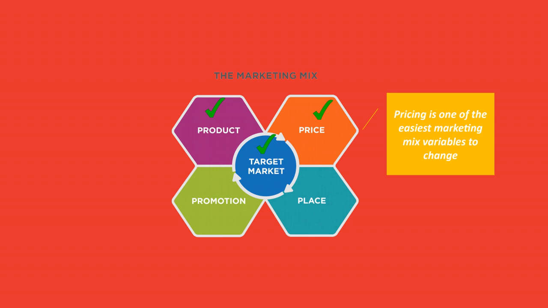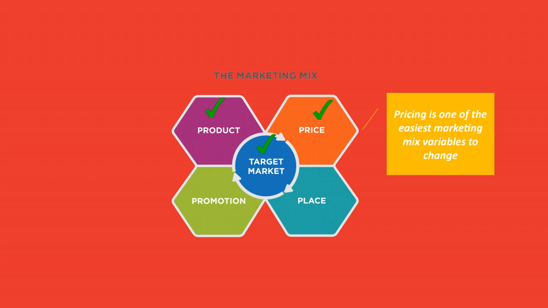And price is a critical element of the marketing mix because one of its key factors is that it is the easiest marketing mix variable to change. You can change prices quite quickly. So one day a pizza at Checkers can be 45 Rand, and the next day a pizza at Checkers can be 55 Rand.